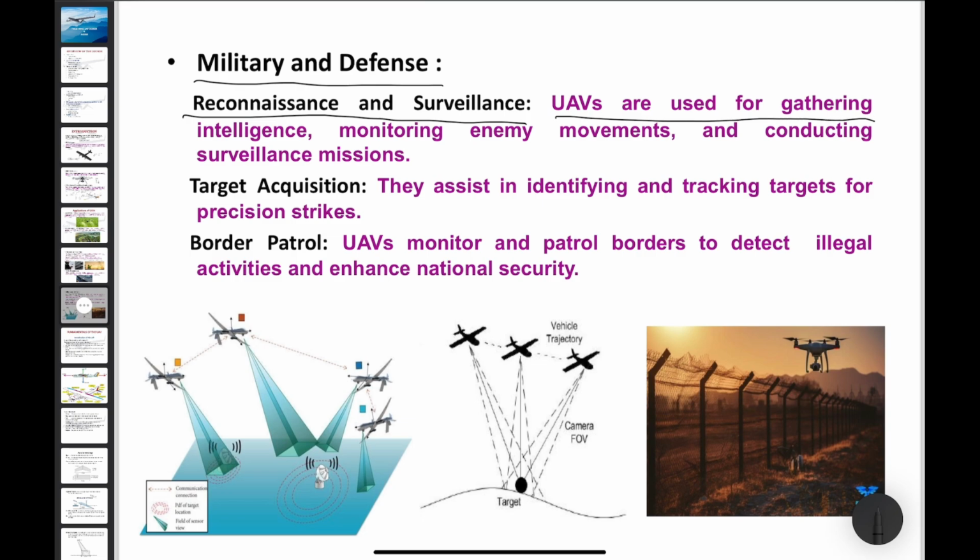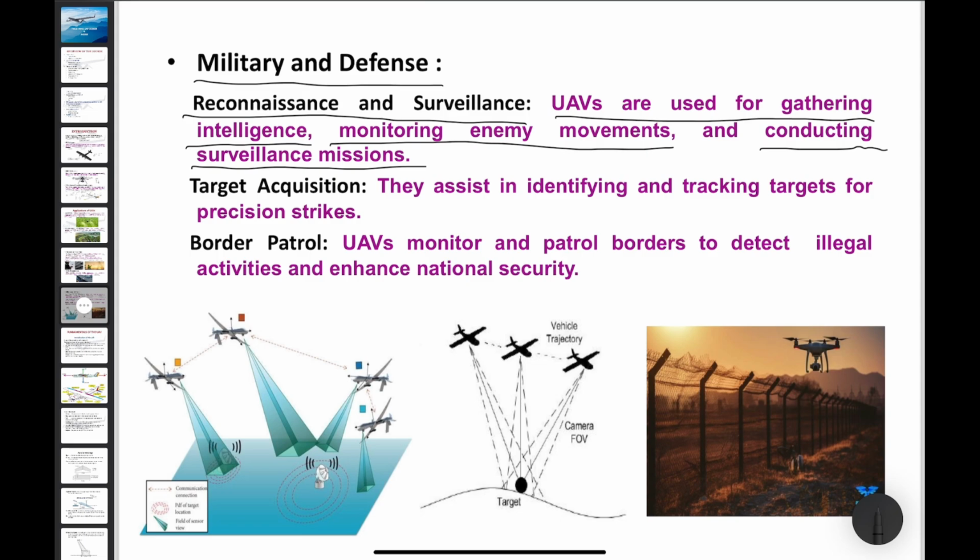UAVs are used for gathering intelligence, monitoring enemy movements, and conducting surveillance missions. So here you can say these UAVs can gather intelligence information, monitor enemy movements, and conduct surveillance missions.